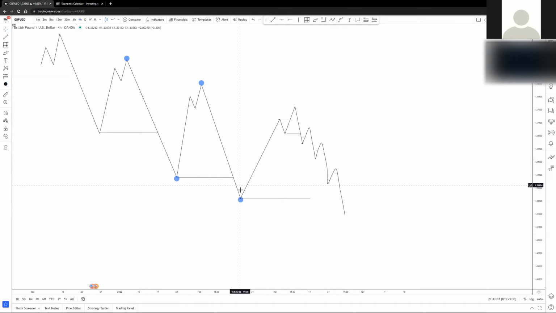Only after you get a break below this low can you confirm that this is the high of the trading range. But how do you confirm the low? You have to get a breakout structure in the opposite direction like this.